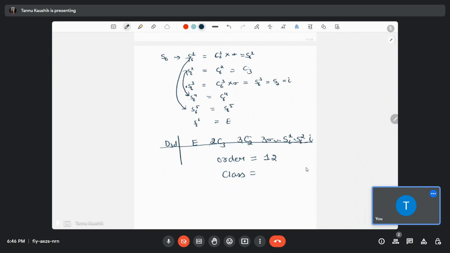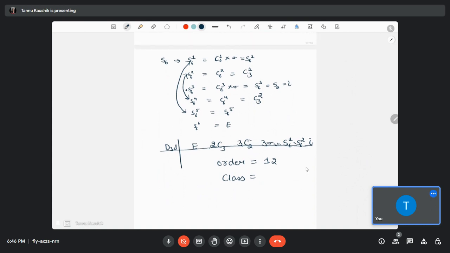This C6^2 is equal to C3^1. This C6^4 is equal to C3^2, which are already counted in this C3 class.